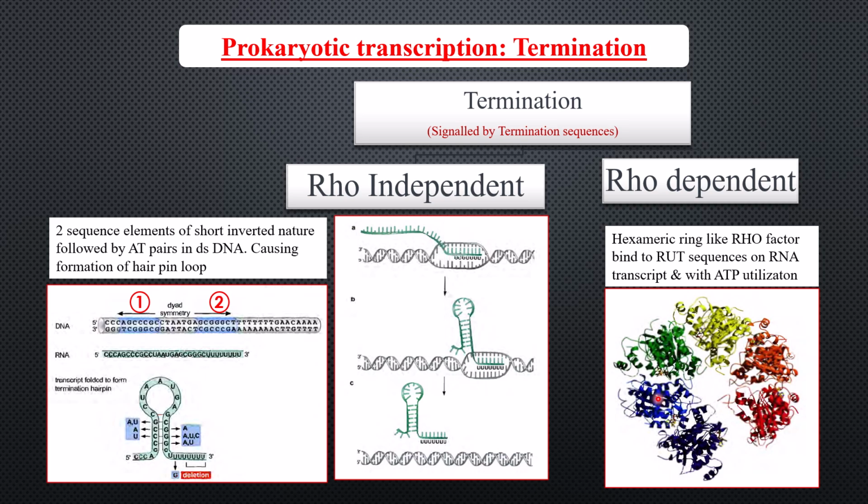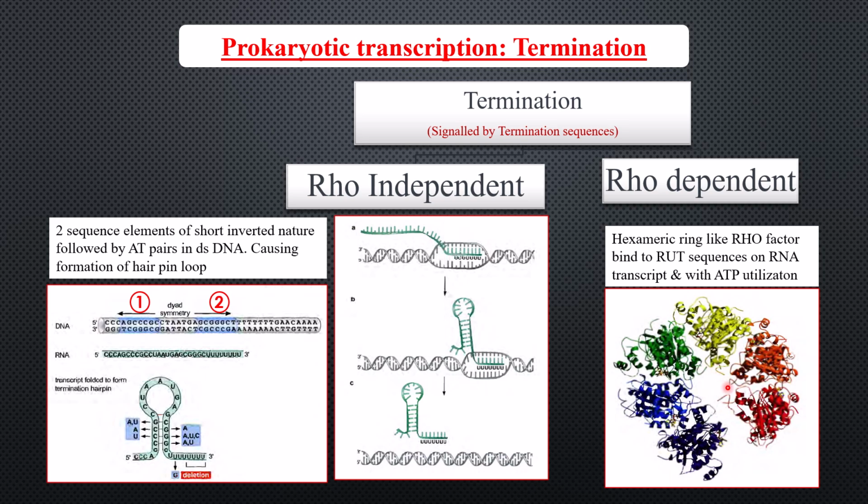Once rho identifies these sequences, it will come and bind to them with the help of ATP. And this transcript will weave through all these monomers. The monomers forming the hexameric ring, the transcript weaves through them like a thread.